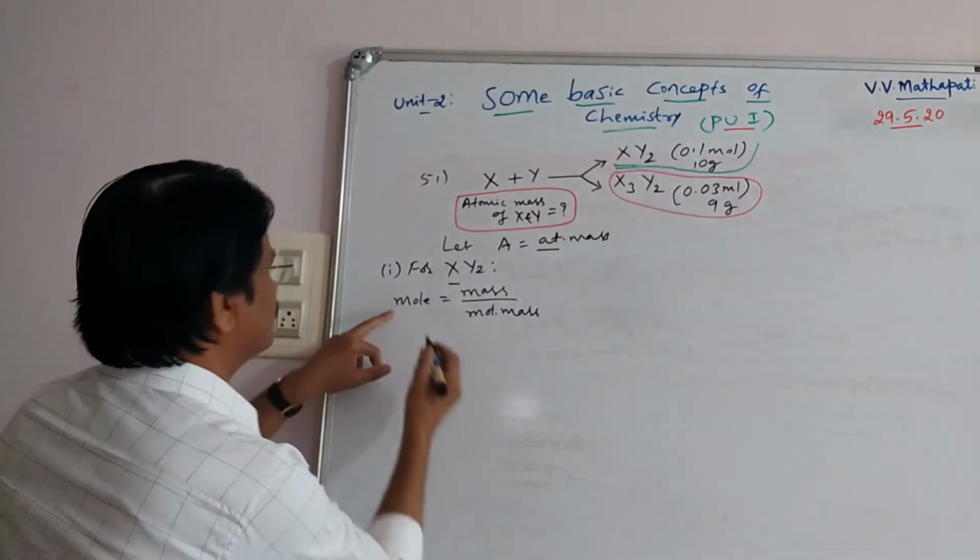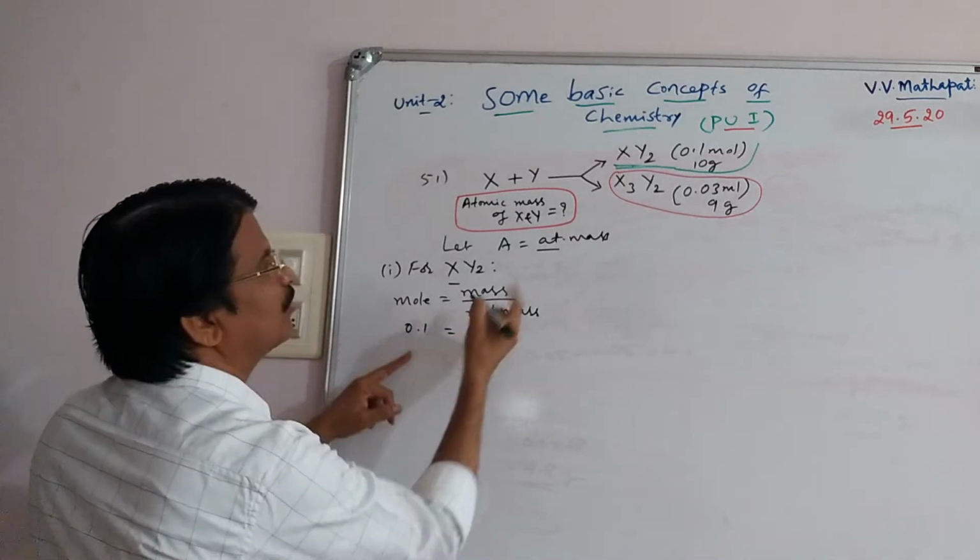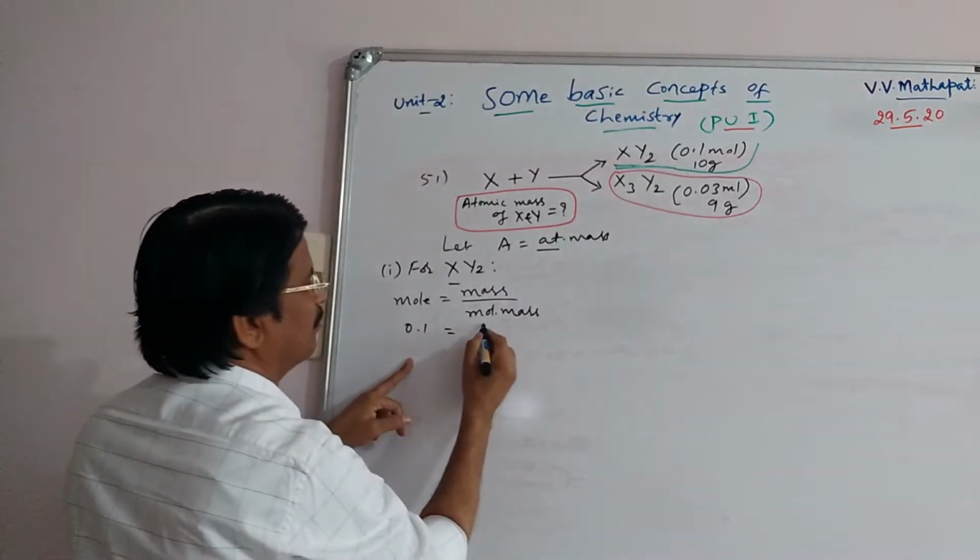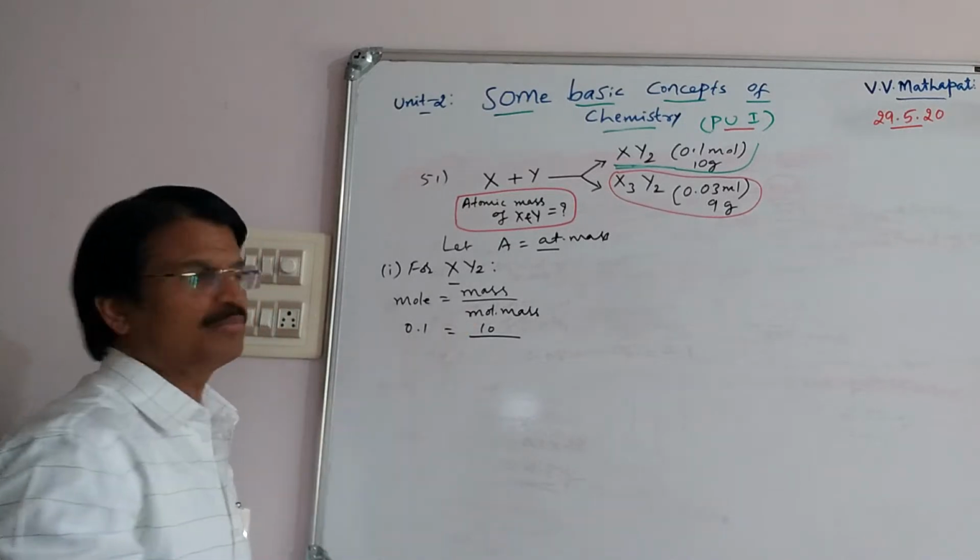For XY2, the moles are 0.1 and the mass is 10 gram, divided by the molecular mass of XY2.